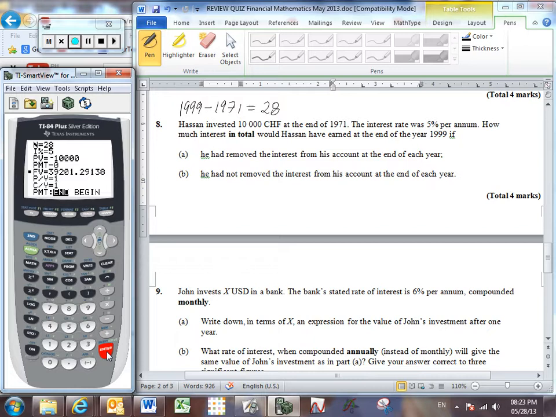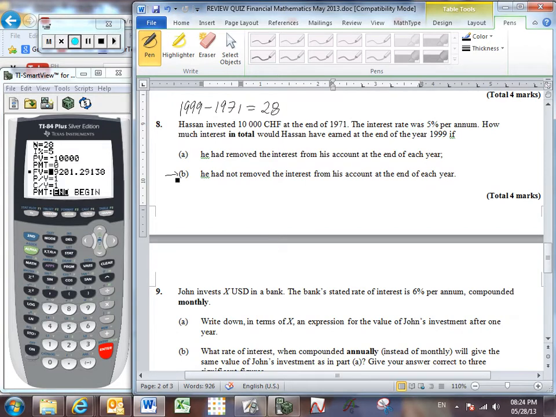and we find out that the money has grown to, now I've kind of gone ahead and calculated it without really reading the question. If he had not removed the interest from his account, I'm looking at part B first. That means that the interest stays in his account, and the interest is itself earning interest, thus the compound interest situation.